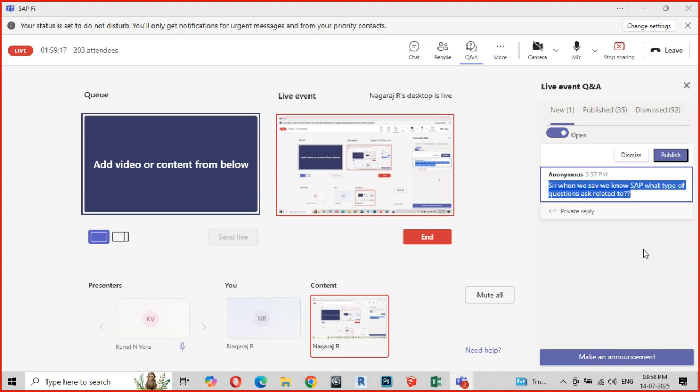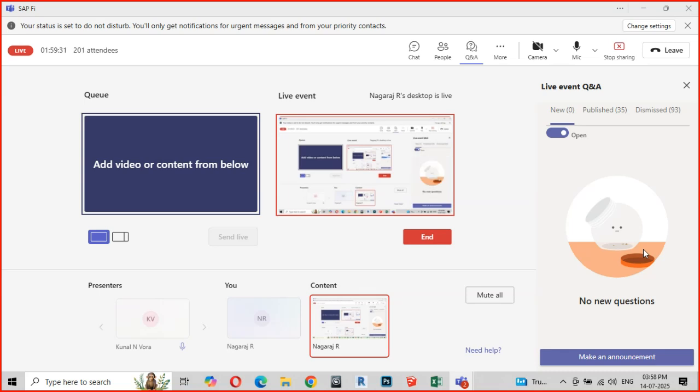Can you please clarify this question? When we say we know SAP, what type of questions will be asked? Very simple. The interviewer will also know that you have not practically worked on any SAP projects.